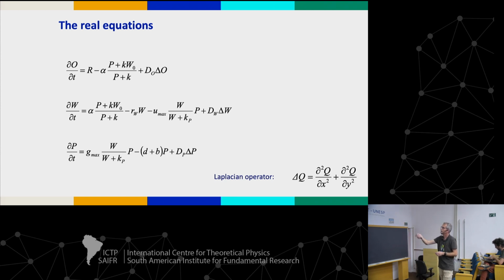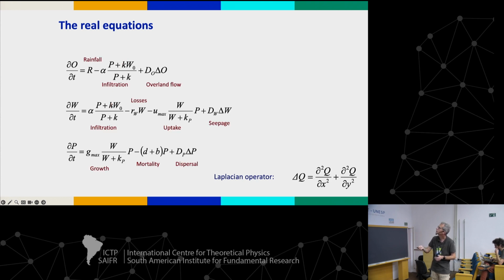The infiltration goes into the soil water. There are losses, there's uptake, with a Holling type 2 functional response. Why Holling type 2? Because every ecologist always thinks you need Holling type 2, because if you don't make it bend up, things go strange. And then we added growth as a link with the uptake, and we have mortality.